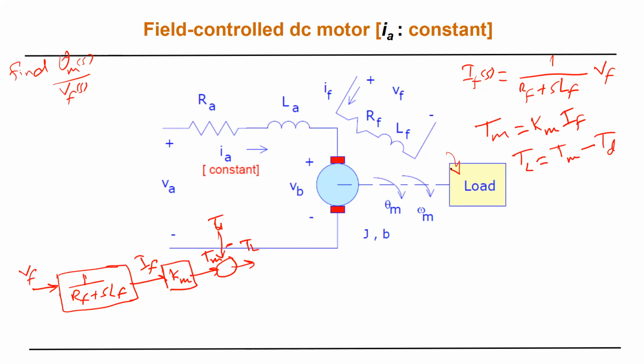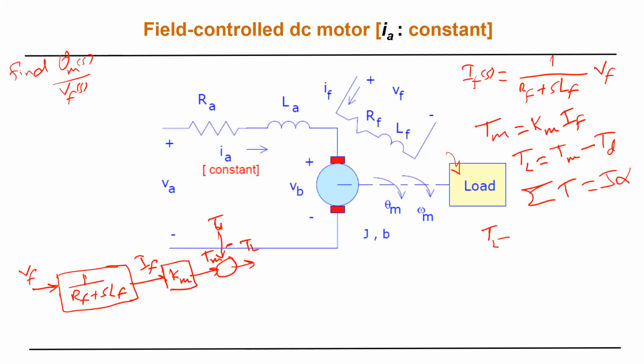Since this is rotational motion, the moment of inertia multiplied by the angular acceleration: the summation of torques must be equal to J times alpha. What are the torques which we have? TL. Also, we have the minus what?